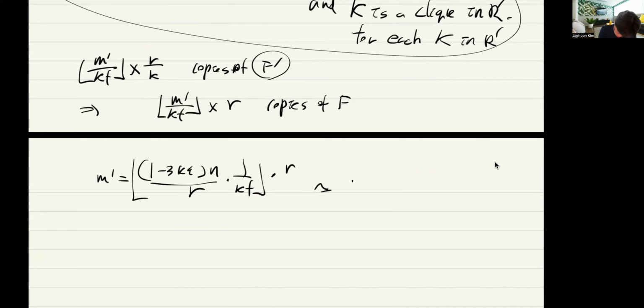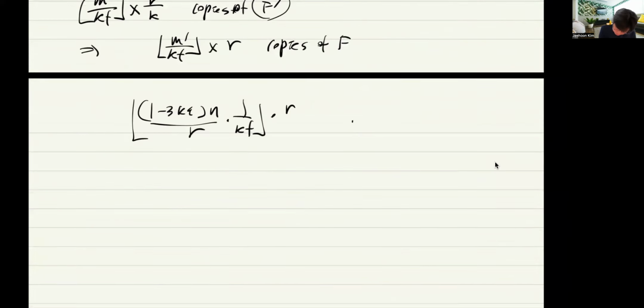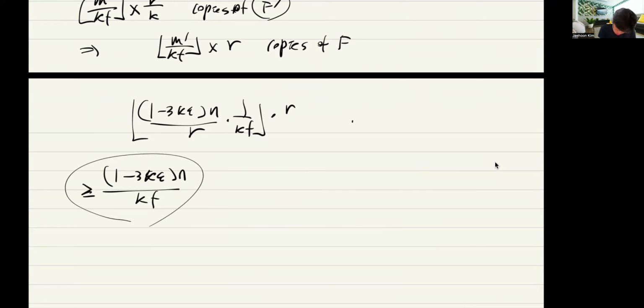So that's the number of copies that you get. So you get at least this many copies.